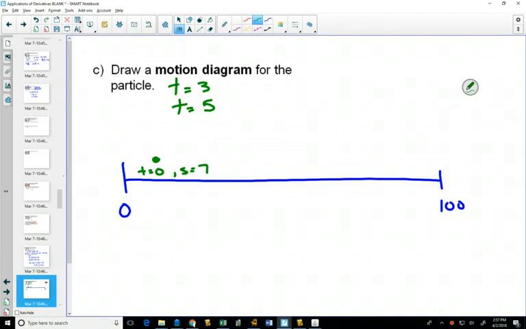So how is this particle traveling? At t equals 3, what is our displacement? I'm just going to label it on here because the motion diagram is going to show how this path is moving. It's just a line, and I'm going to label certain places at certain times.